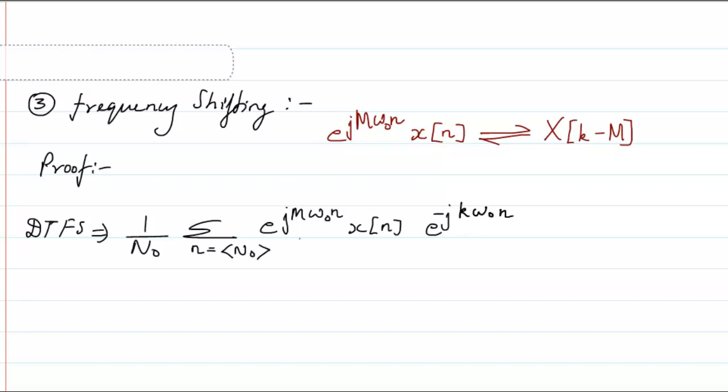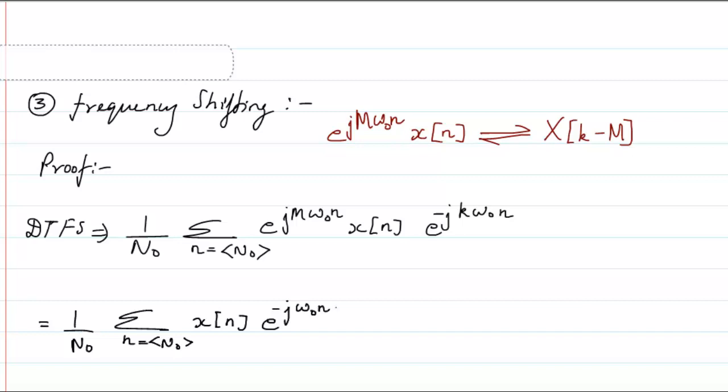So I will try to join these two together. If I try to join these two together, what I will get is 1 by N naught summation n within the period N naught, x of n, and now we are having e raised to power minus j omega naught n.